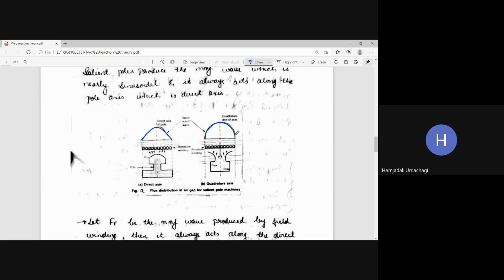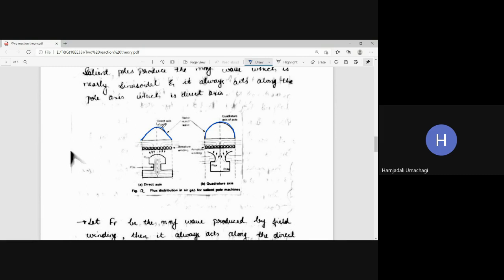Now, if you check the distribution of the stator MMF along the air gap for the direct axis and quadrature axis, is the waveform symmetrical or sinusoidal? No, it is not symmetrical, nor sinusoidal, so the flux keeps changing here. The distribution of the stator MMF wave is not sinusoidal along the direct axis as well as the quadrature axis.